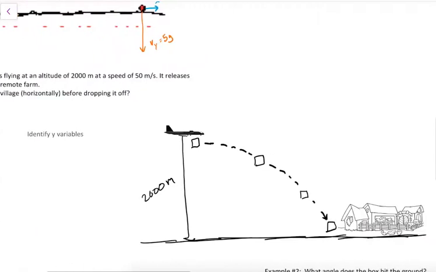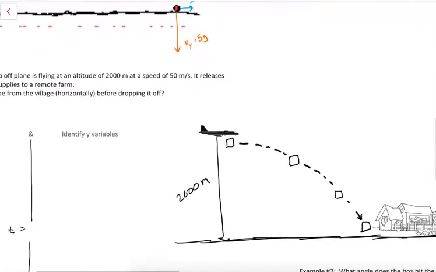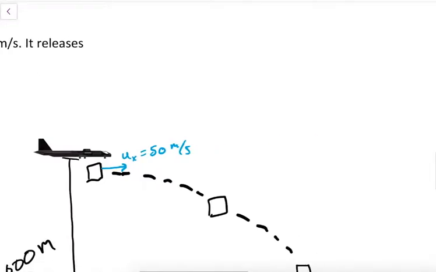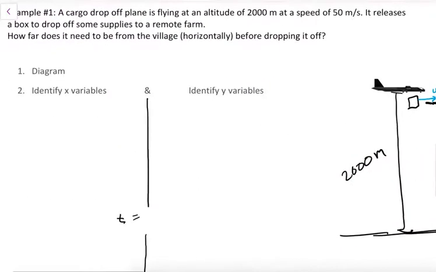So I've separated my horizontal variables, and I want to identify what we have. It's moving at a speed of 50 meters per second. That means this cargo box will also have a speed of 50 meters per second. That also means that down here, it also has a speed of 50 meters per second as well. So in my identified x variables, I have my horizontal initial velocity.